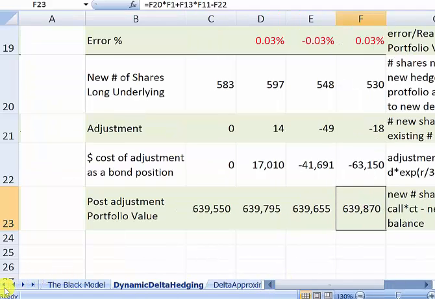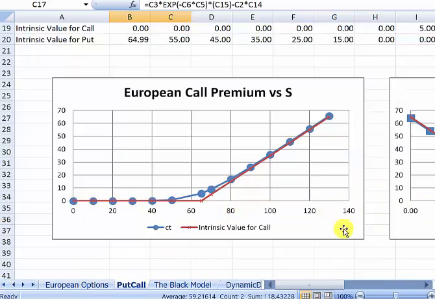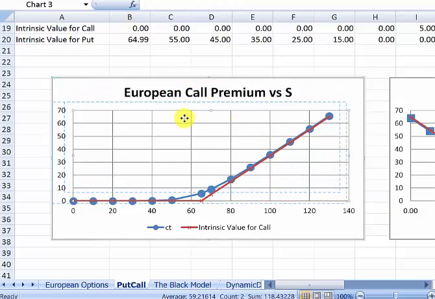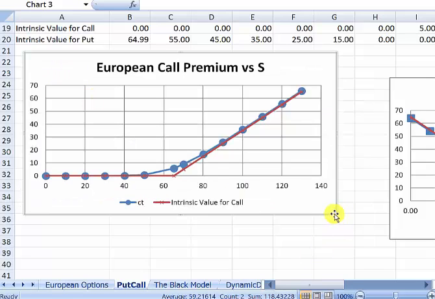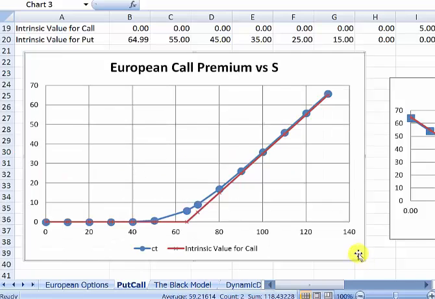Let me look at this whole picture bigger. This is the call premium line, the blue line.